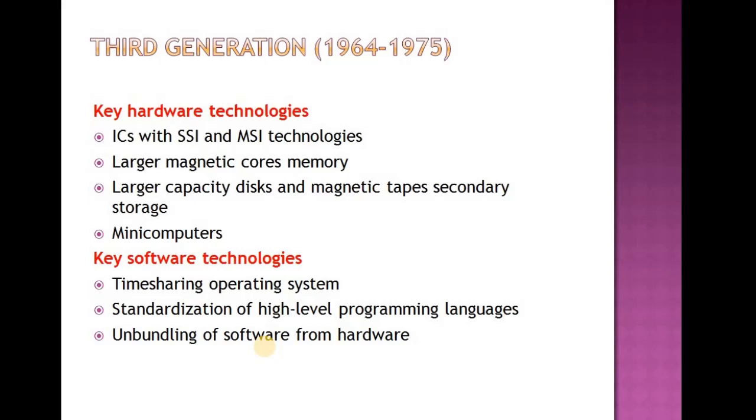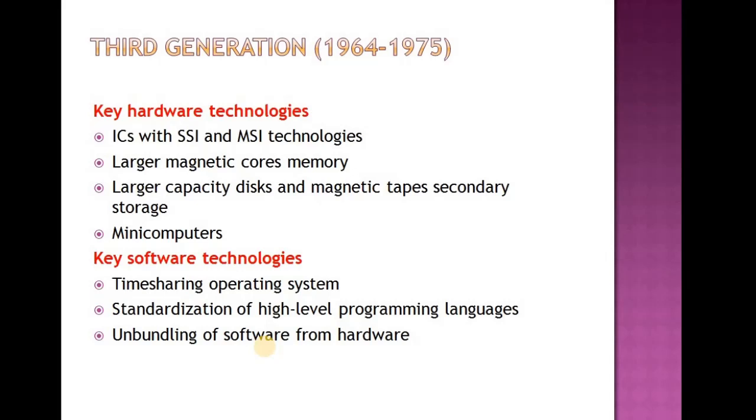But later on they started separating software and hardware. That means if I'm using only Fortran or only COBOL, I need some translators. Whichever programming language I'm using, I would pay only for that particular translator, so that I can avoid paying more to the manufacturers.